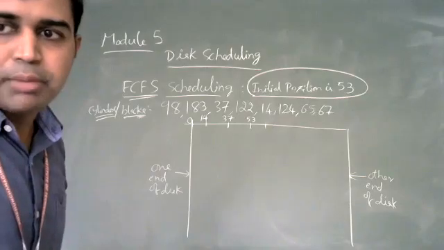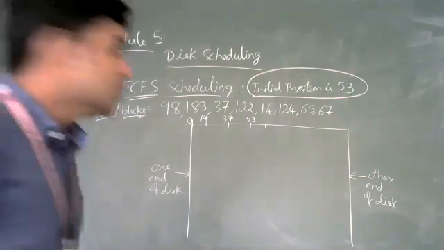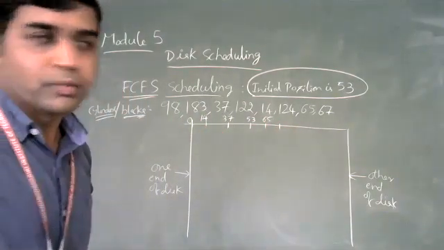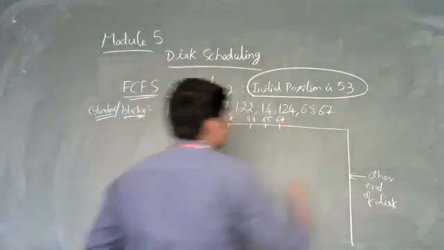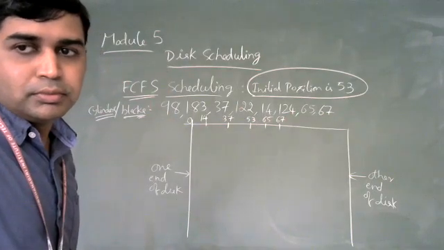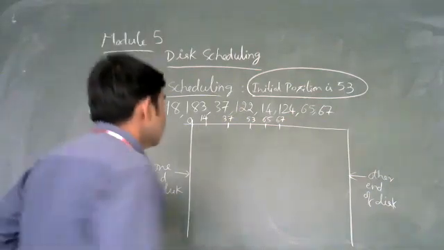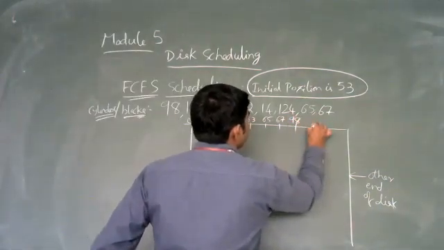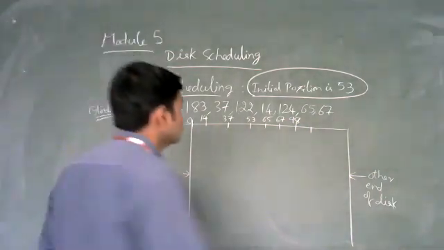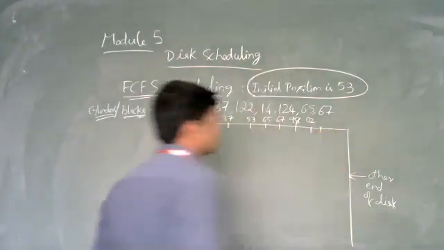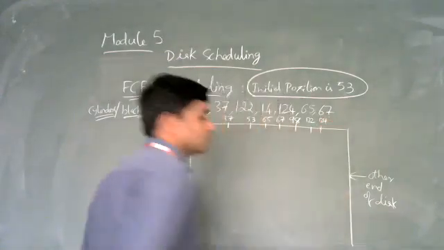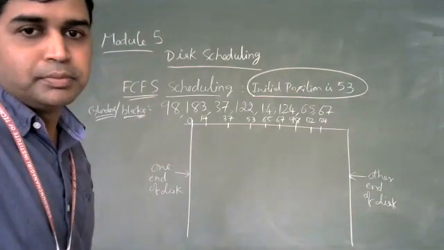After 53, the next is 65, then 67, then 98, then 122, then 124, then 183.